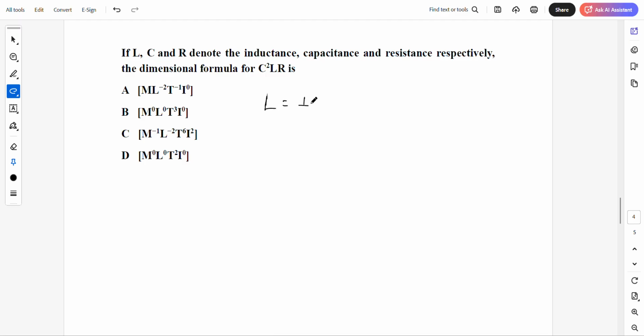L is inductance here. What is the energy stored in an inductor? Energy stored is equal to half L I square. From here you can calculate L, that is 2 into E by I square.